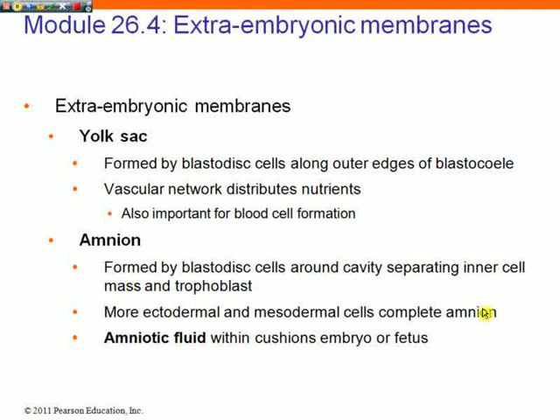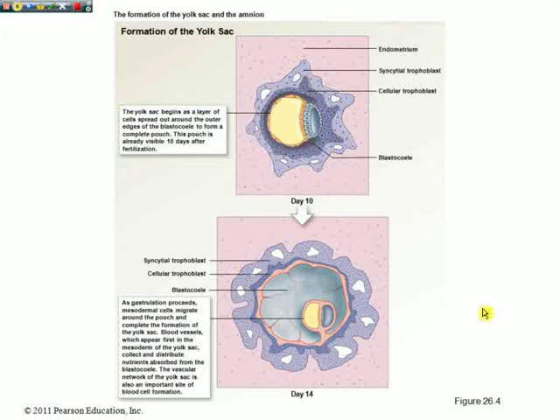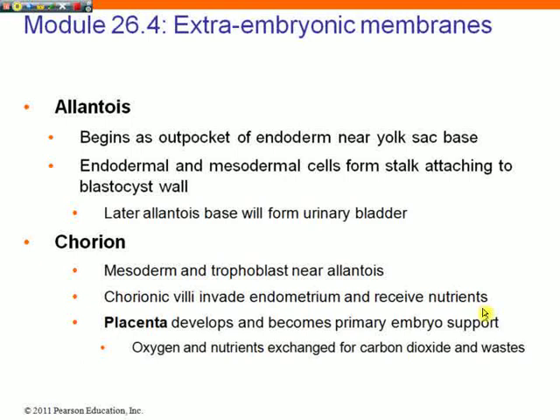So I already mentioned the yolk sac. Another extra embryonic membrane is called the amnion. And this is where amniotic fluid forms, and that helps to cushion the developing embryo and fetus. There's something called the allantois, which begins as an outpocket of endoderm, and this will later form the urinary bladder.